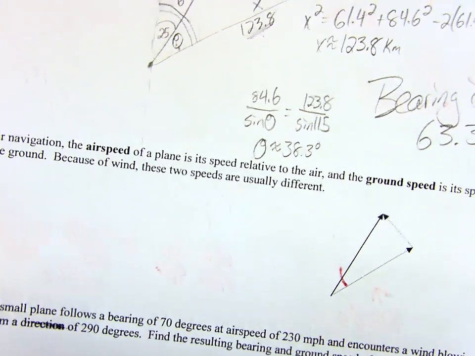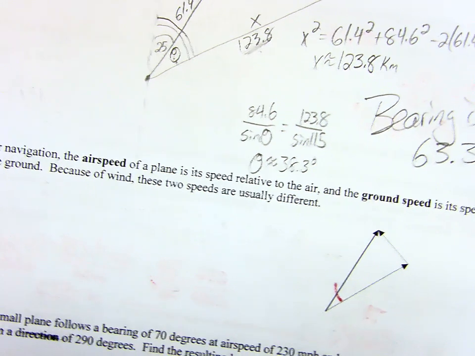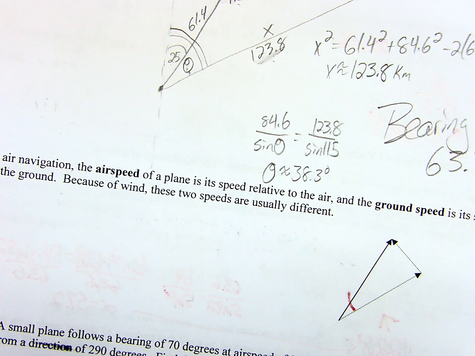Because of the wind, these two speeds are usually different. So if a plane is flying at, say, 500 kilometers per hour, that's not the same as if it were on the ground driving at 500 kilometers per hour. If there's no wind at all, it would be the same. But usually there's some sort of wind.